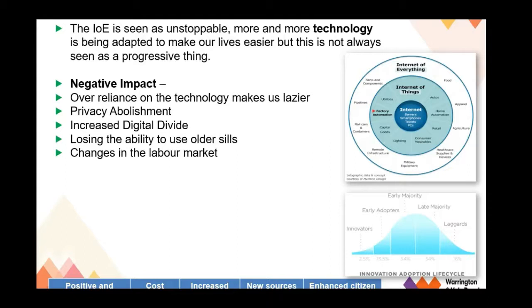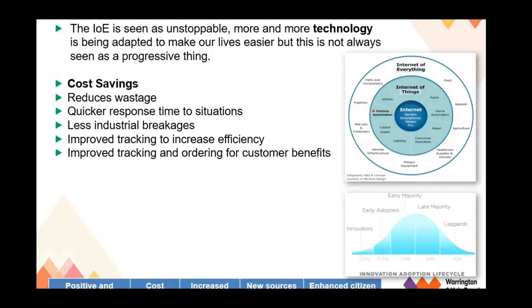Just keep it simple, keep to the basics, and think of the simple positives and negatives, the simple impacts on the individual, on society itself, and on the environment. Here we've got some simple ideas of positive cost saving which can occur because of the Internet of Everything.